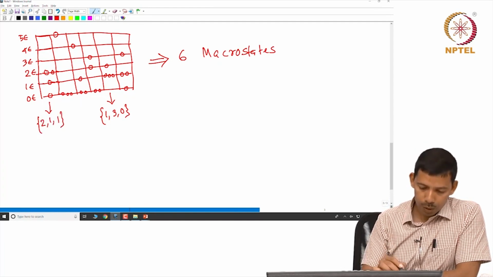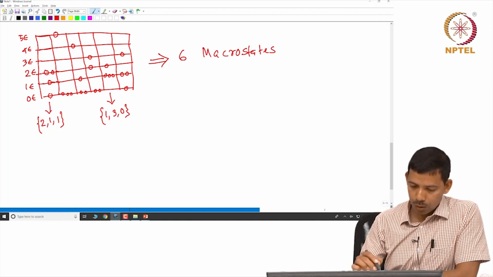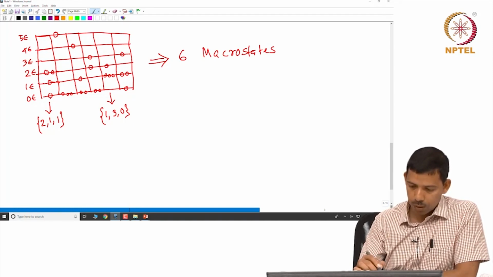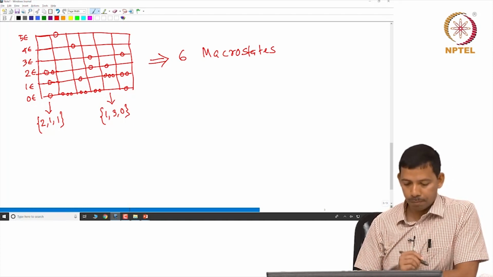So why 2 1 1? Because we have 2 particles in this state, we have 1 particle in this state, 1 particle in this state, and this is 1 3 0, we have 1 particle in this state, 3 here, 0 here.